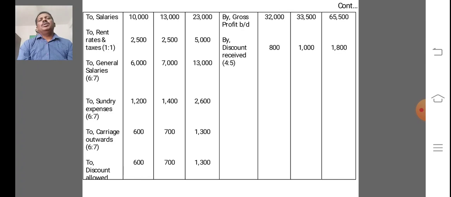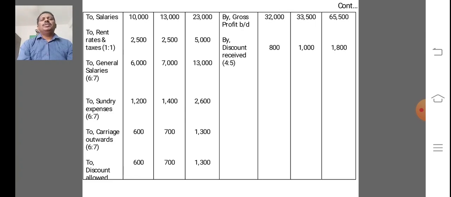And on the debit side, debit the salary given in the problem: 10,000 A department, 13,000 B department, total 23,000. Here rent, rates and taxes are distributed on the basis of 1 is to 1, that is equal ratio: 2,500 and 2,500 for both departments, total 5,000.